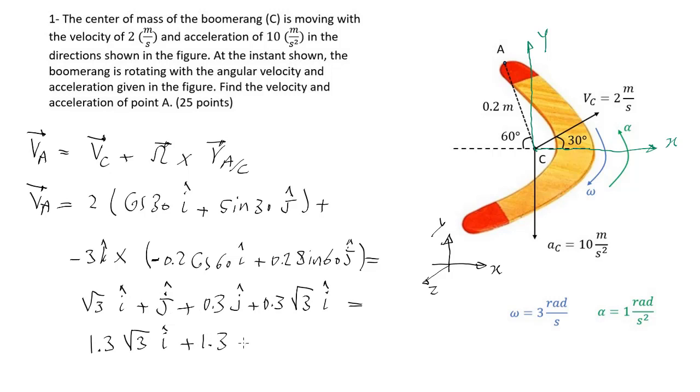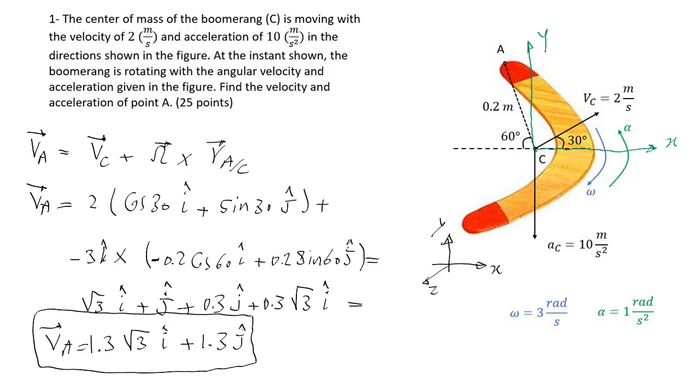I think I did the multiplication right, so 3 times 0.6 times square root of 3 over 2, that's 0.3 square root of 3. So this is VA, so VA is equal to this quantity.